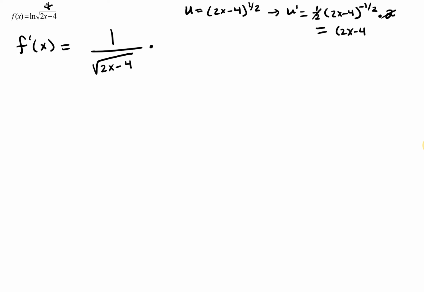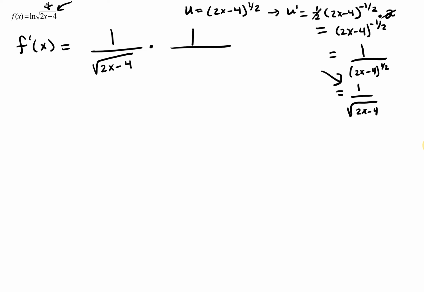When you think about this, this is really 1 over 2x minus 4 to the positive 1/2, which is just 1 over the square root of 2x minus 4. So remember, you multiply by the derivative of the inside, which is this guy right here. If this is the derivative of the inside, then you just multiply by 1 over the square root of 2x minus 4. We did all the work on the side over here.